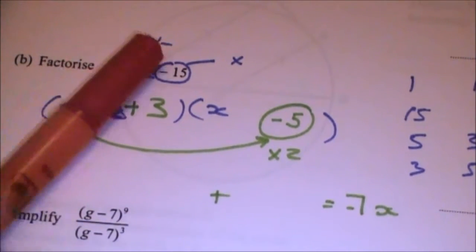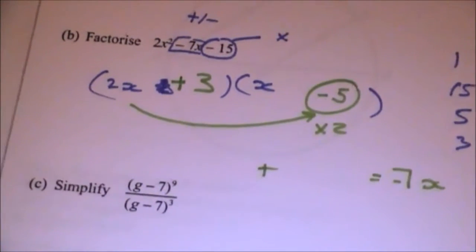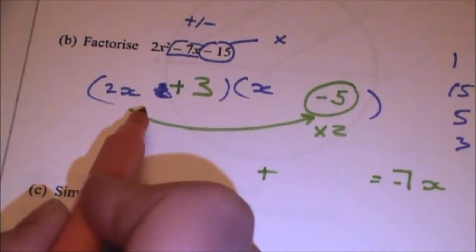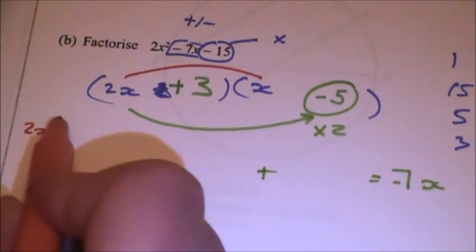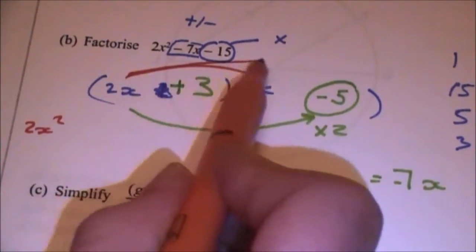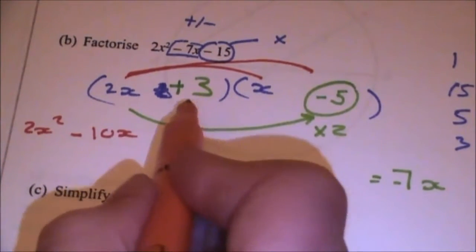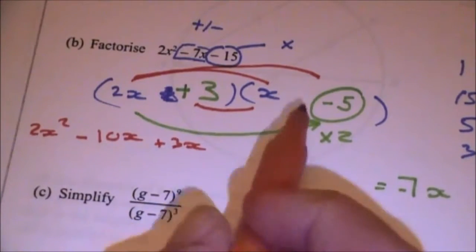Now, I'm not going to take my own word for this, because I might be wrong. Remember, I'm in an exam and I'm under pressure. So let's expand those brackets out. 2x times x would be 2x squared. 2x times negative 5 would be negative 10x. Positive 3 times x is plus 3x.